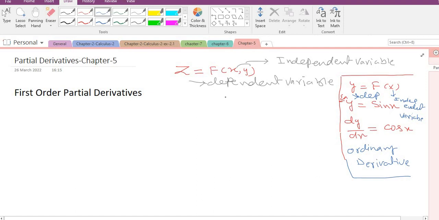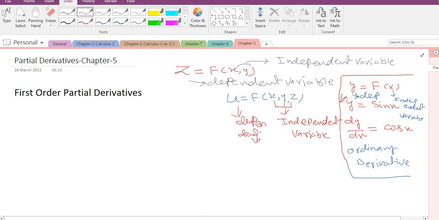Now if it is given as u is equal to f of x y z, that means x, y and z are independent variables and u is the dependent variable.